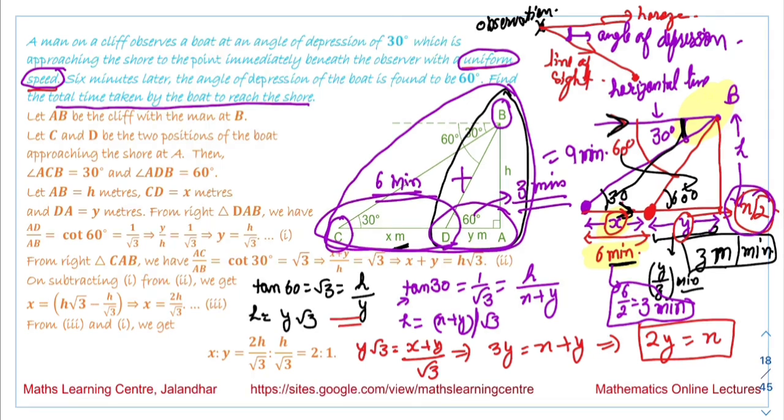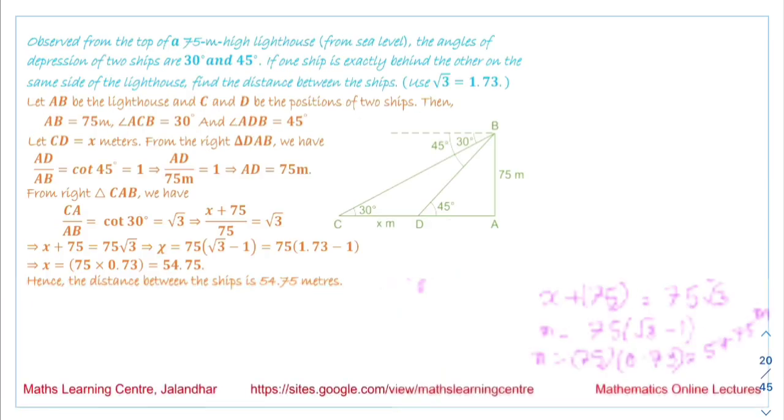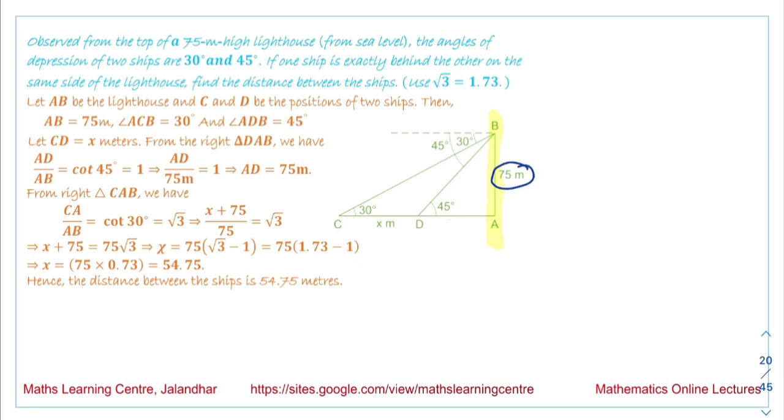Now in this next question, it is given that we have a lighthouse. So this AB is the lighthouse, and the height of this lighthouse is given to be 75 meters. This point B is the point of observation. This line is the horizontal line for this point of observation.